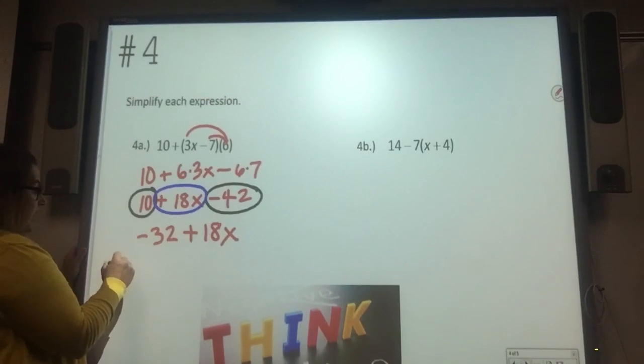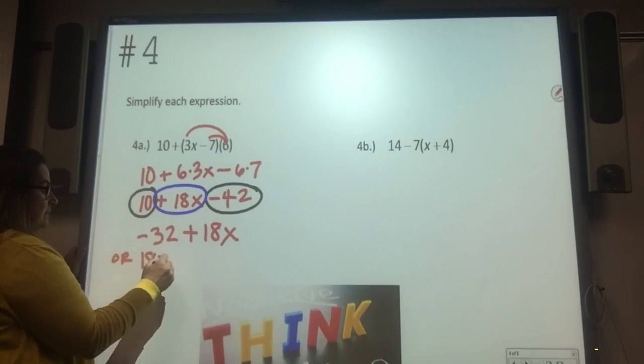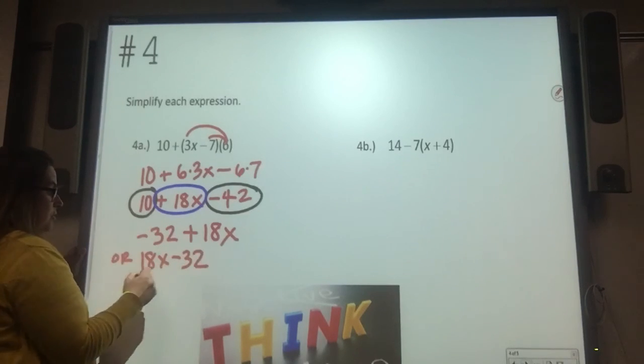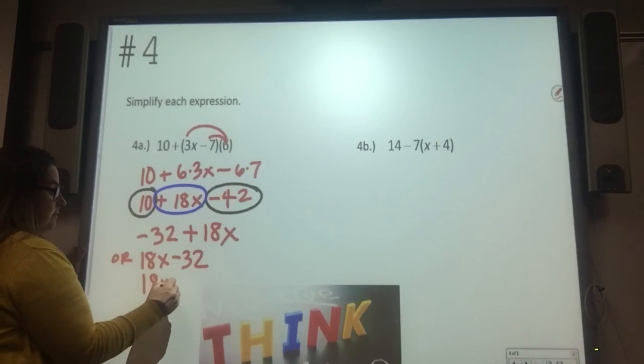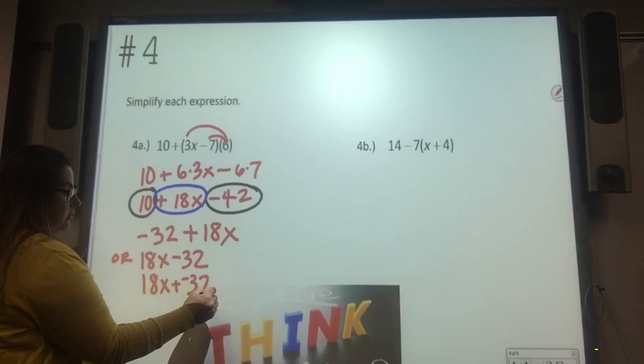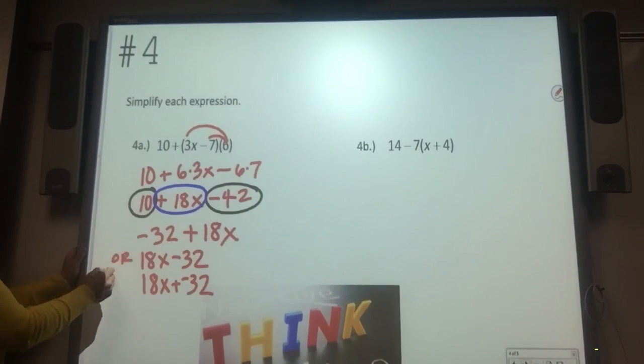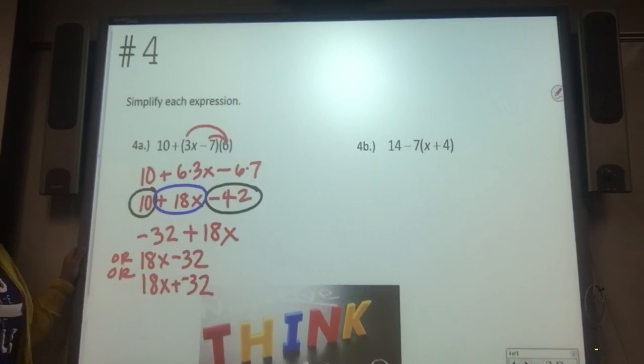Then you can also write it as 18x minus 32 or 18x plus negative 32. Those are all possible answers.